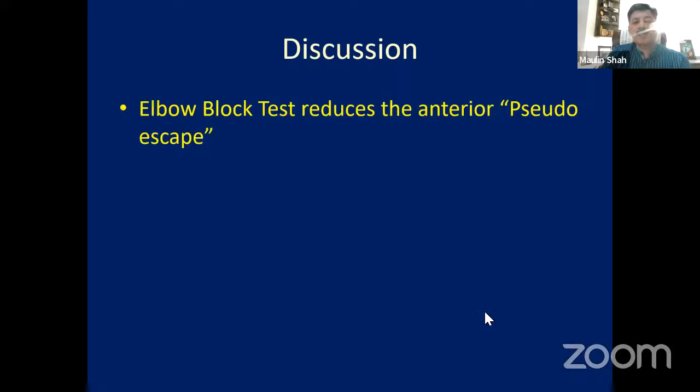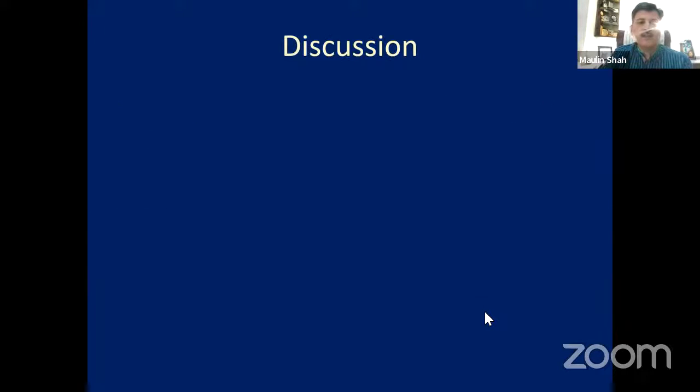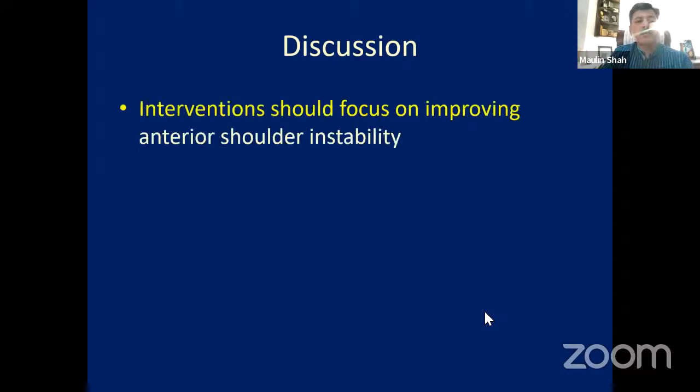Thus, the elbow block test reduces this anterior pseudo escape, and we should regard the positive elbow block test as a clinical sign of anterior shoulder instability. Now, we usually do all the interventions for the typical Erb's palsy to improve posterior shoulder instability.